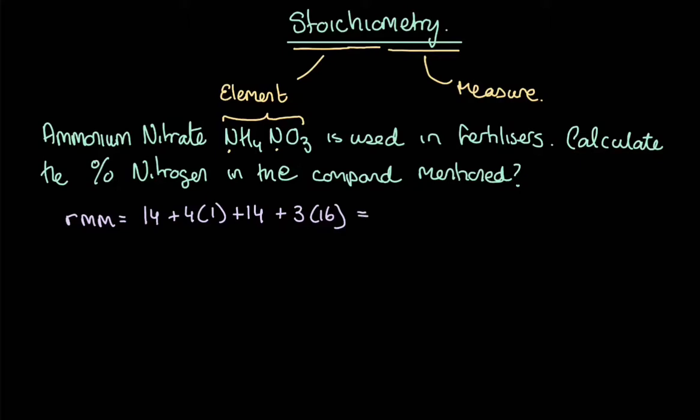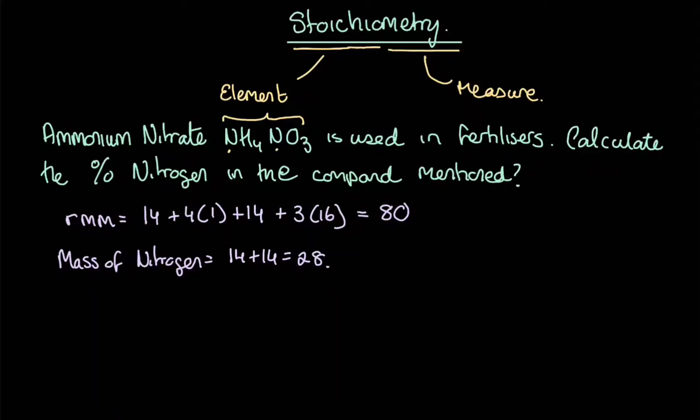And if you add that all up together, you're going to get the relative molecular mass of the whole compound, ammonium nitrate, to be 80. Now the mass of nitrogen, the element that we're interested in, we have 2 of them, so 14 plus 14 gives us 28.